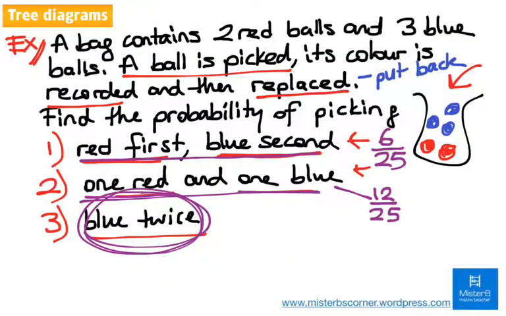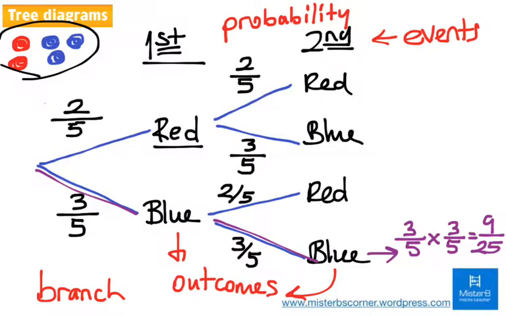So it's going to be, let's write here, 9/25. Right? So what happens here is that if I'm picking blue twice, this means I'm picking blue and I'm picking blue. And just because I say and to connect these probabilities, I multiplied. Right? And if it is an or situation, if we don't know the order, as in the previous example, it could be this or that, we have to add those probabilities.